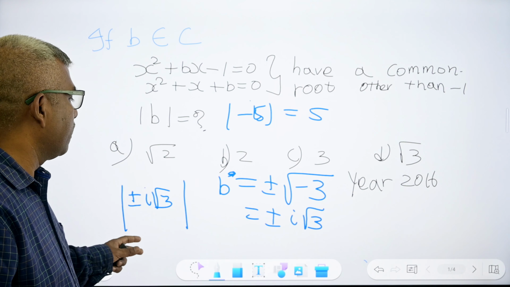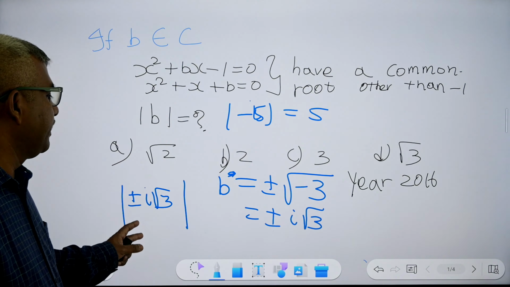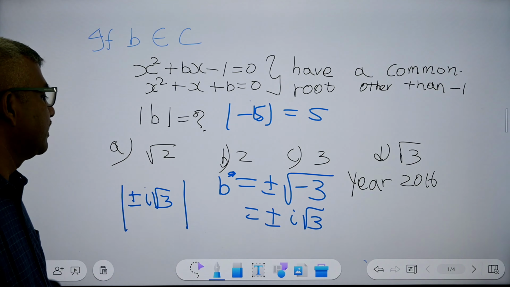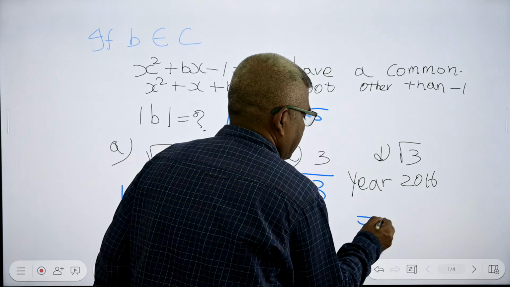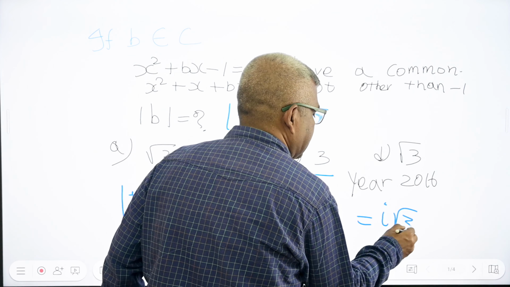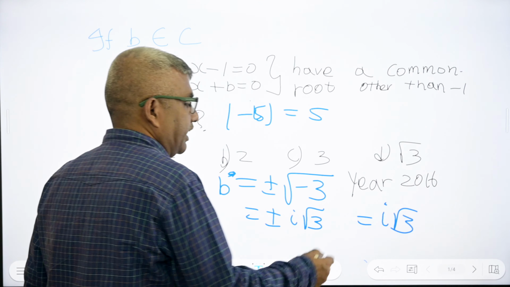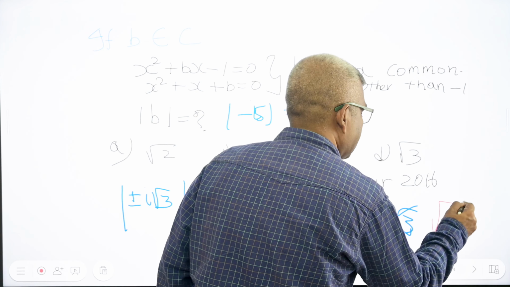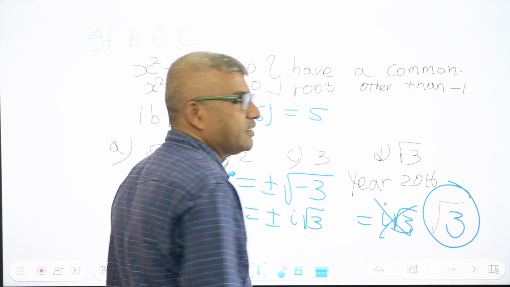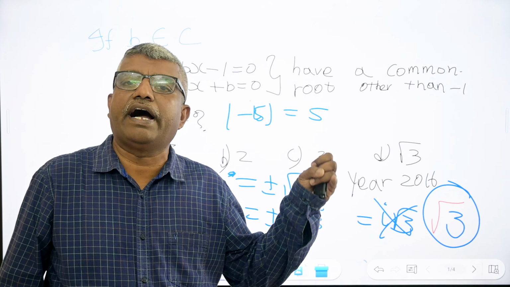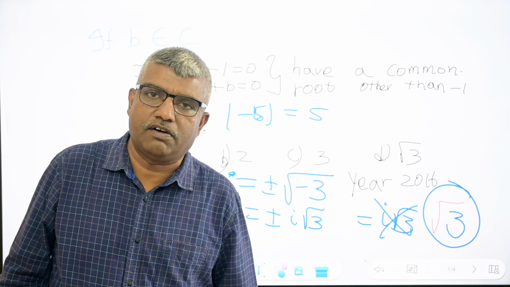So modulus of b, which is i root 3, is only root 3. Don't write i root 3 if they give the option. Not i root 3, it is root 3. Because in modulus, the minus sign also goes, and i, the imaginary number, also goes.